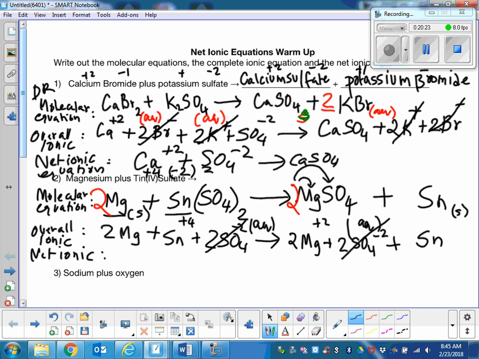No. So the net ionic equation is 2Mg plus Sn4 plus gives 2Mg2 plus plus Sn. Can cancel Sn plus 4 with Sn. Right, Natalie? Are we writing that down?